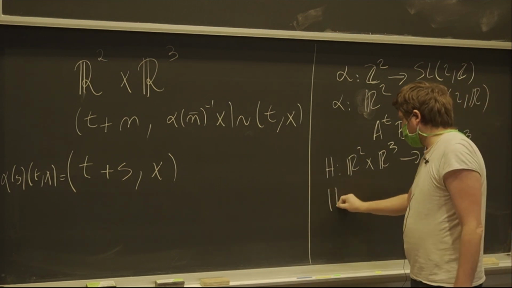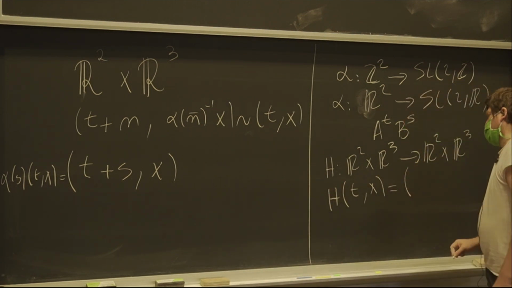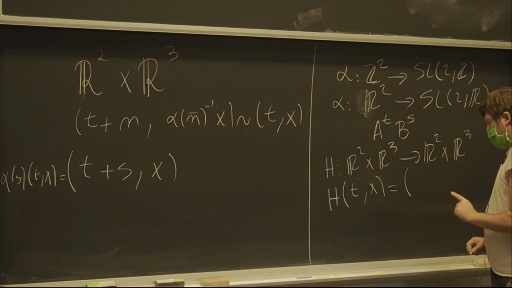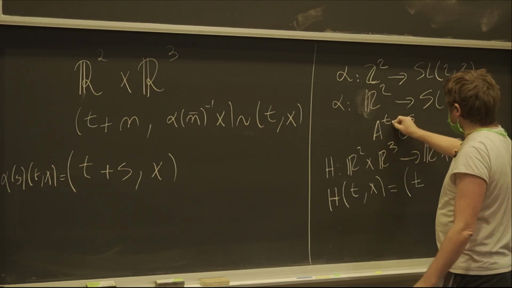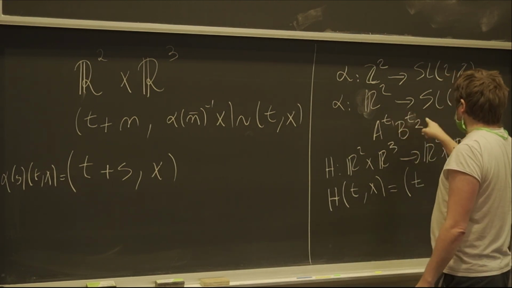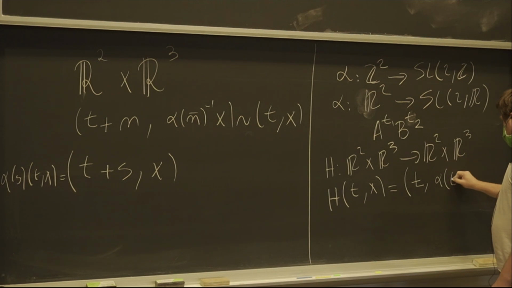And H of Tx is, okay, now I need to do things carefully, T1, T2 are the coordinates of T. So you put T in the first coordinate, but in the second coordinate you do alpha of T, probably inverse, of X. And now I do this change of variables.